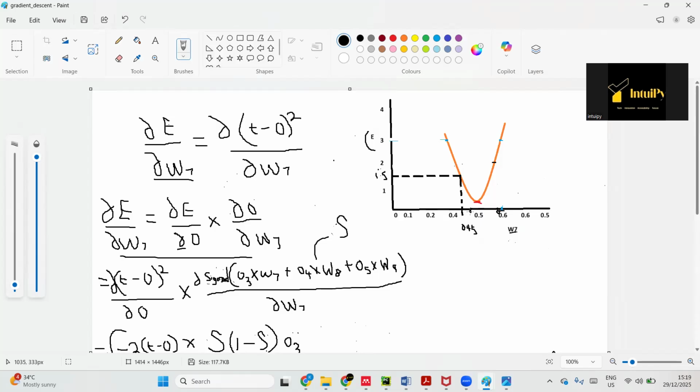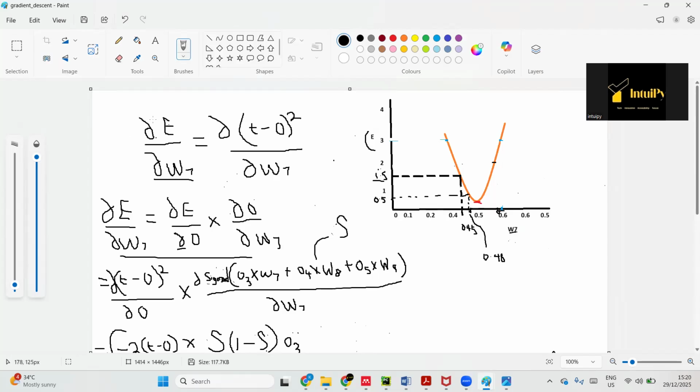W7 currently sits at 0.48, and if we find the corresponding value for the error, you can see that our error has reduced, maybe from 1.5 to 0.5. Yeah, so that's the idea behind this equation here.